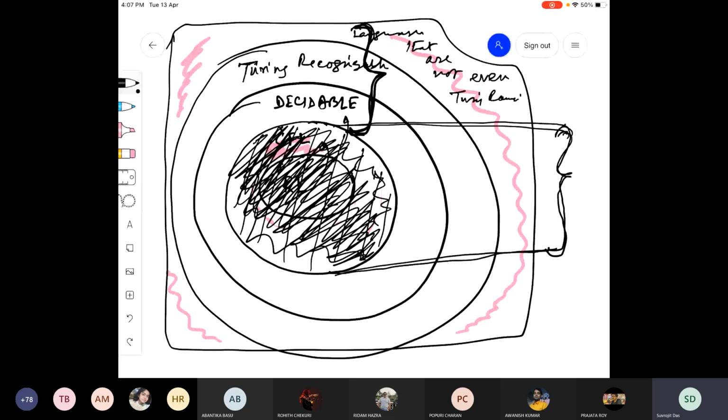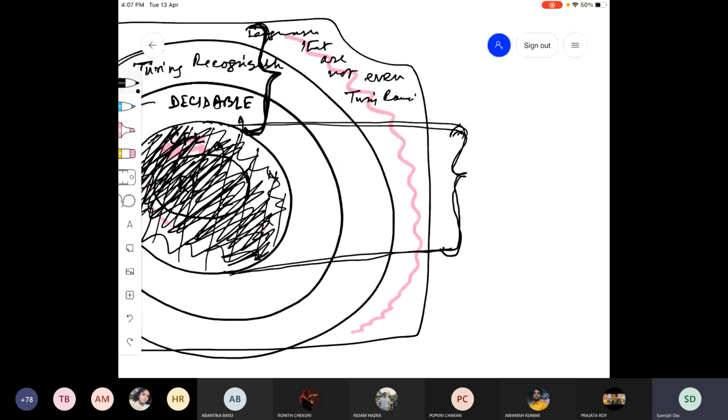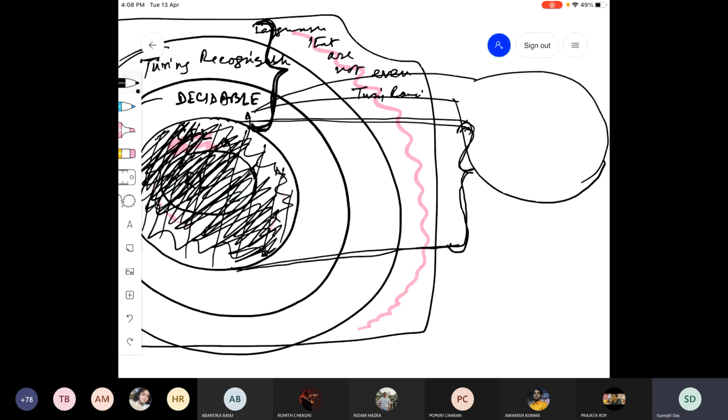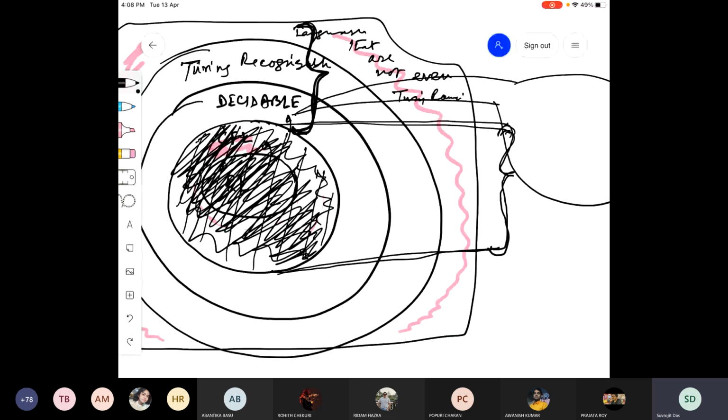Now, once I talk about decidability, I should also talk about the other names with which we can refer to the same thing. What is decidability, right? As you can see, the class of regular languages is closed under the class of context-free languages, and by this diagram they are decidable.